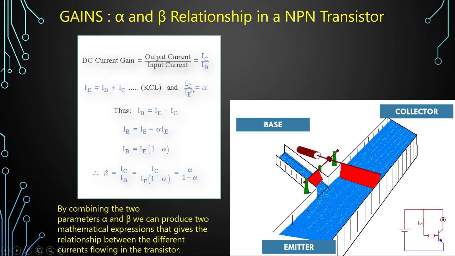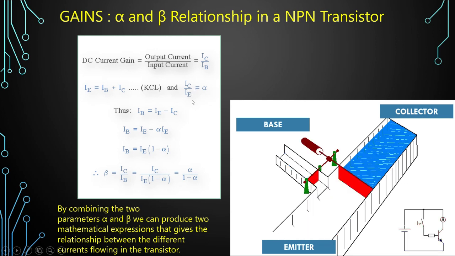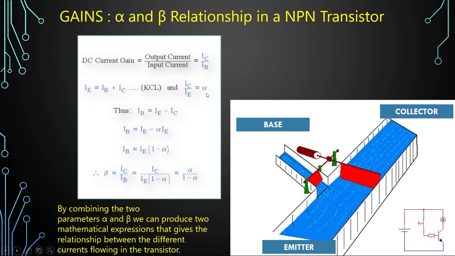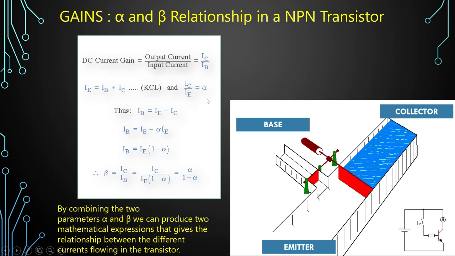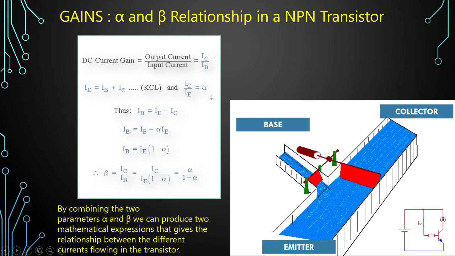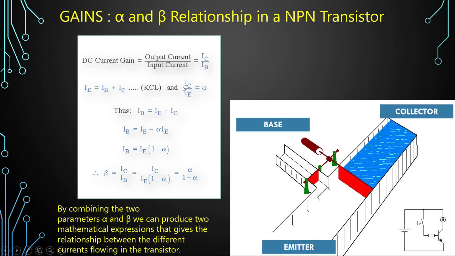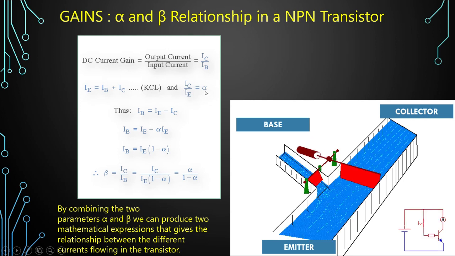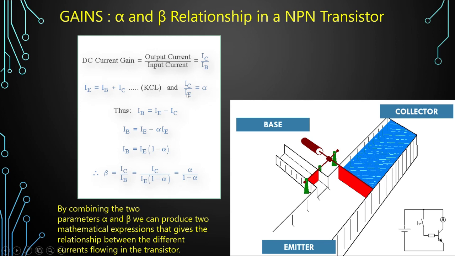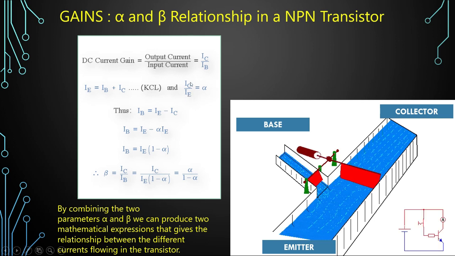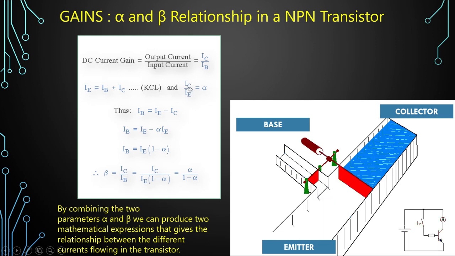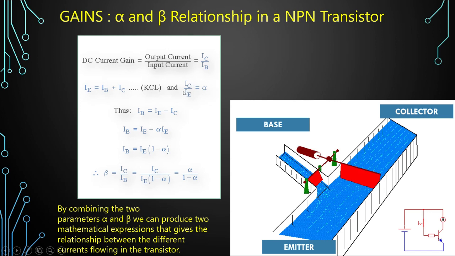This parameter will be termed as alpha, the gain, right? So this alpha is for a particular configuration. IC is the output, IE is the input.